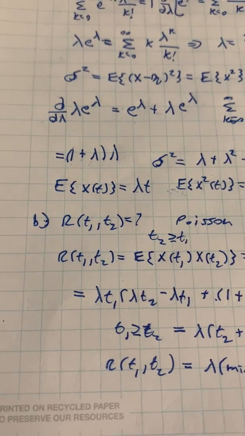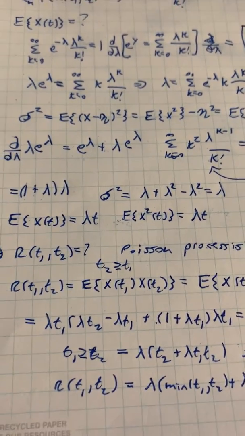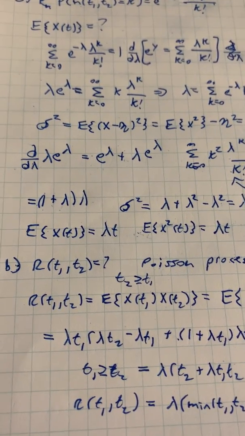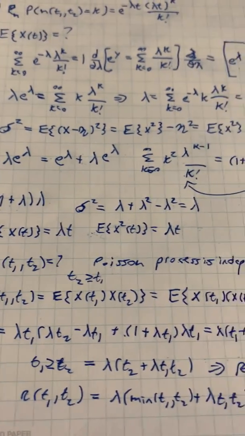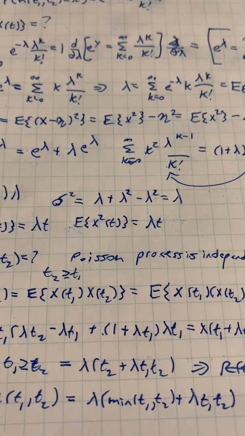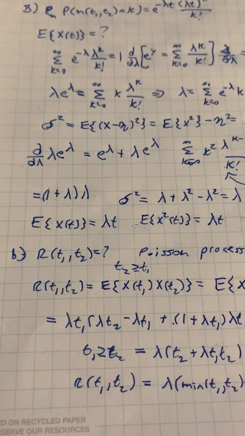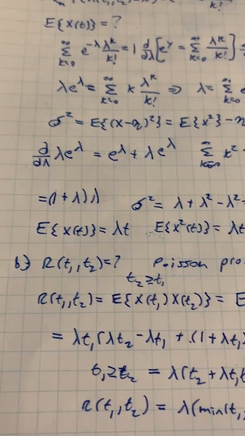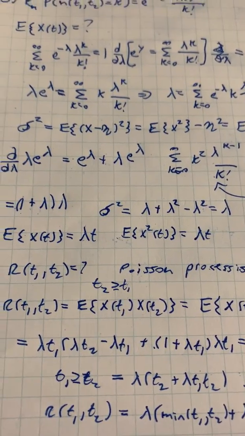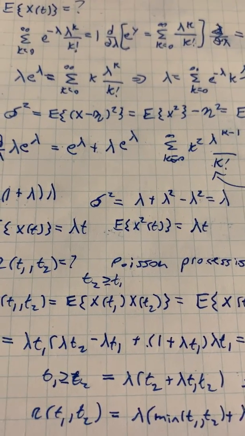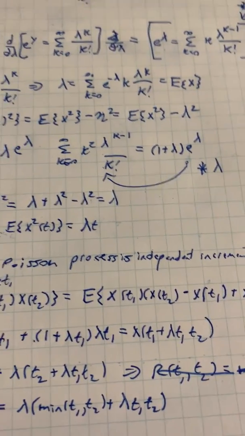So to find the autocorrelation of the Poisson process, for T2 greater than T1, the very first thing is we can define our autocorrelation. It's the expected value of the function at T1 multiplied by that same function at T2.